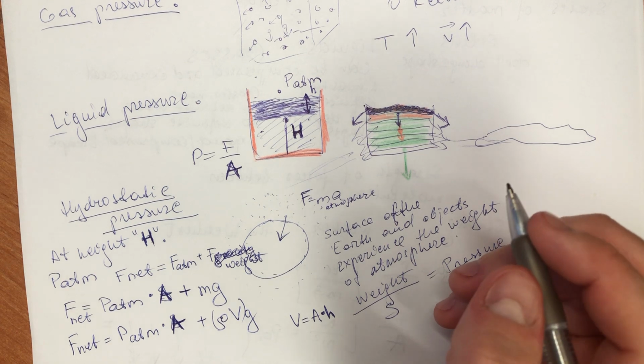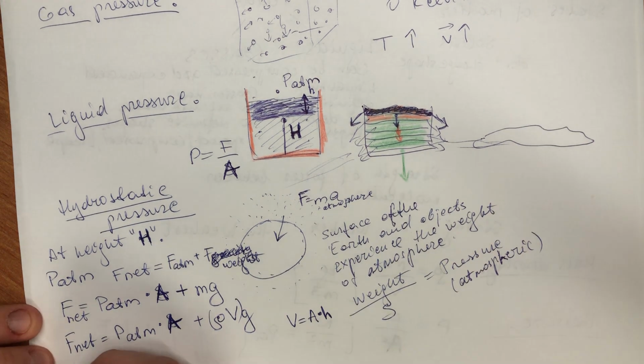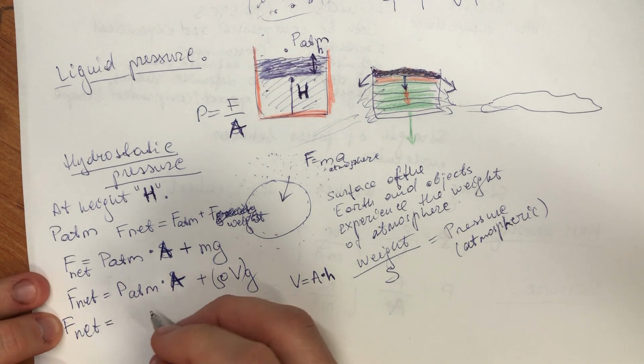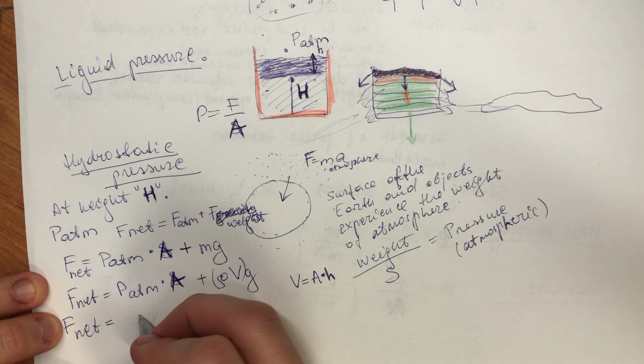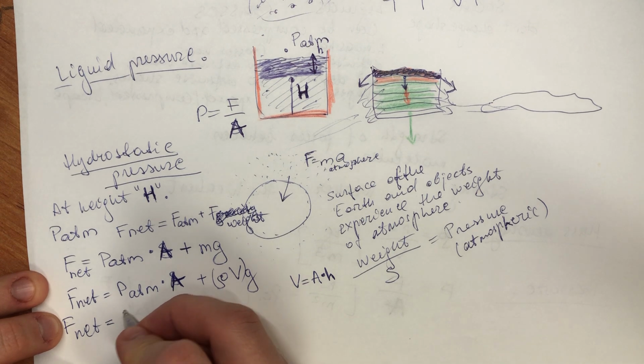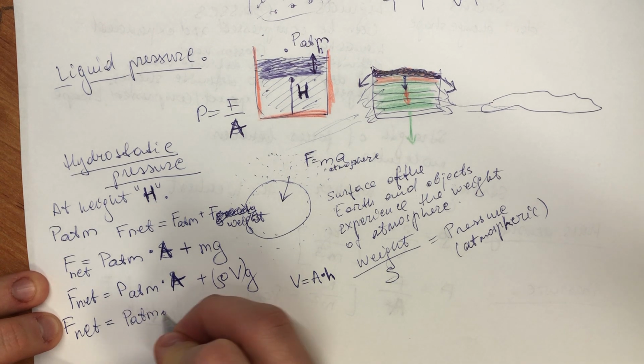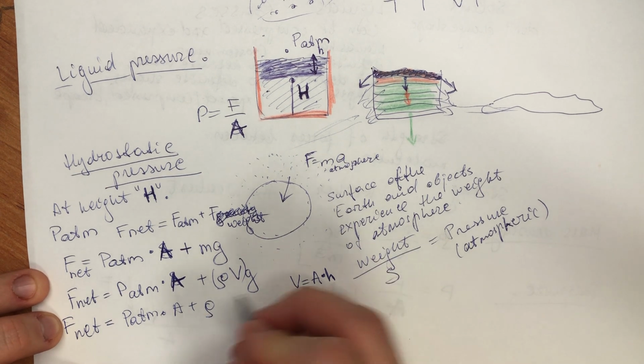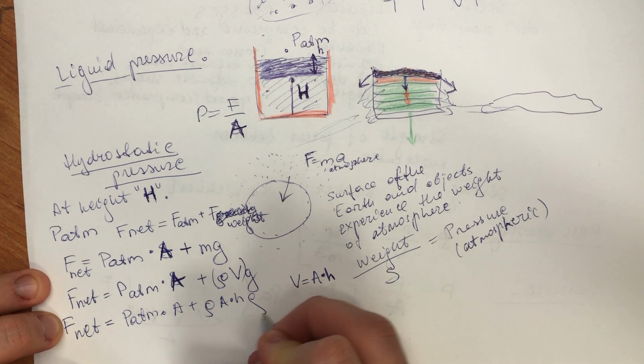Now we can write that net force is, instead of volume, A times H, g.